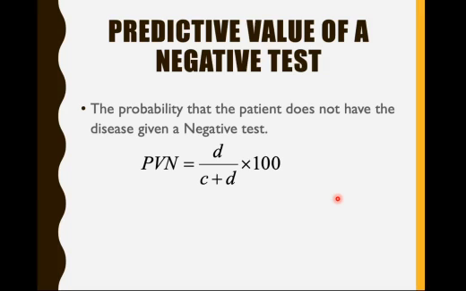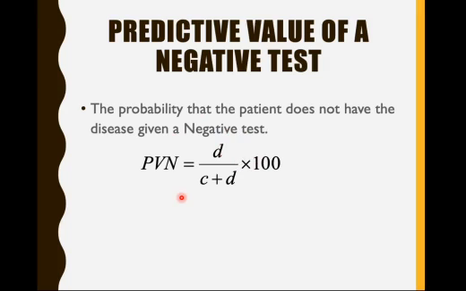So again, if you want to understand predictive value of a negative test, I want you to look at the denominator. The denominator says C and D, and C and D are people who test negative. Among those who test negative, how many of them are truly negative?